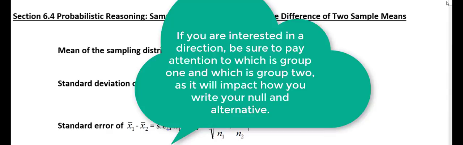Don't just assume because the problem says greater that would be the appropriate notation for the alternative, as it might be changed depending on which is group 1 and which is group 2. If you do not care about direction, meaning that you're just looking for a difference, then you also aren't as interested in which is group 1 and which is group 2, simply in terms of writing the null and alternative.